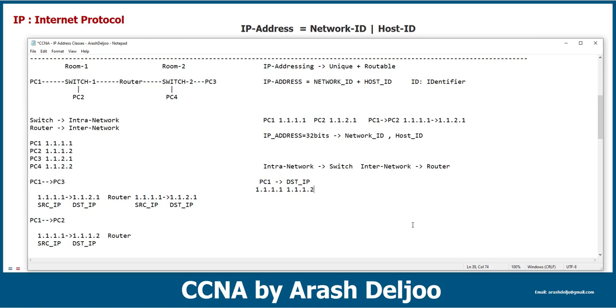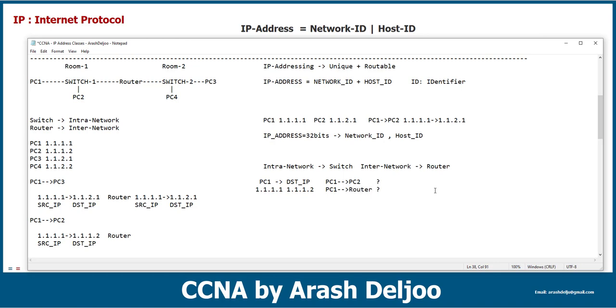Until now we didn't know about the network part of PC1 and the destination IP. PC1 doesn't know whether this address is residing in the same network as PC1 or in another network. Because of that, PC1 doesn't know whether it should forward the traffic directly to PC2 through a switch, or forward the traffic from PC1 to the router. Here we have a question.